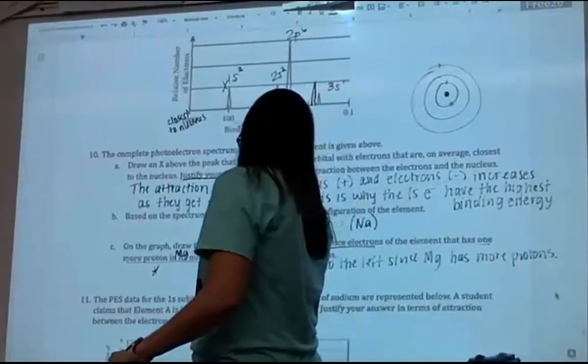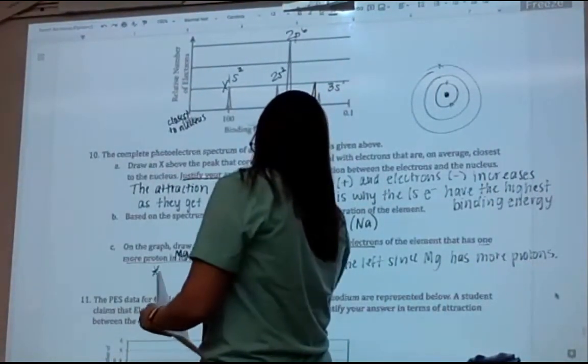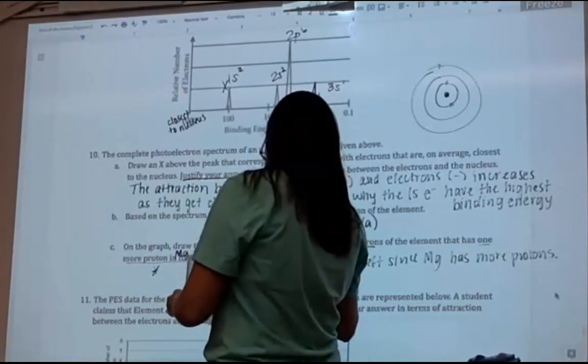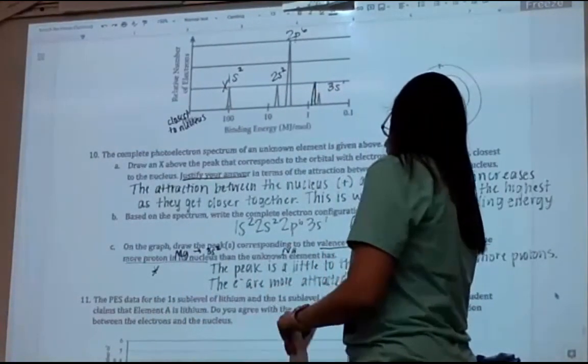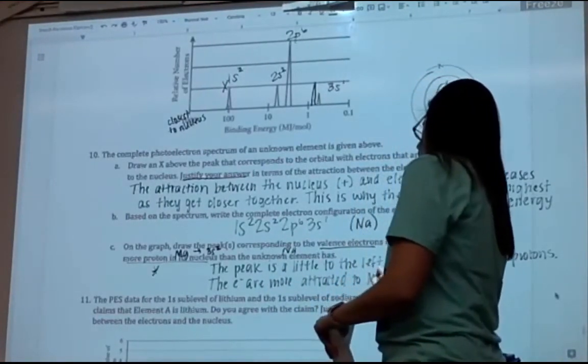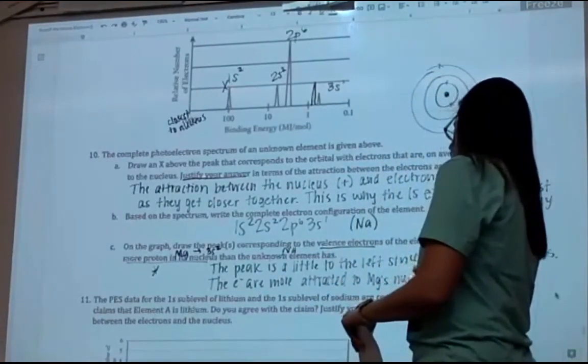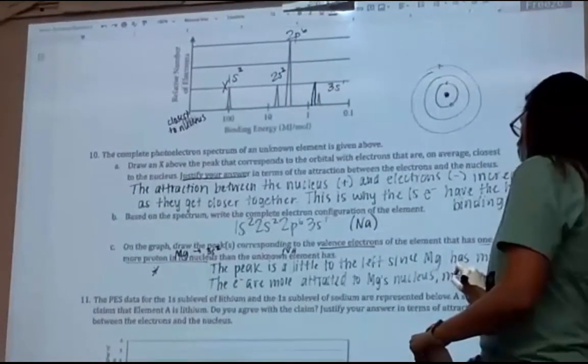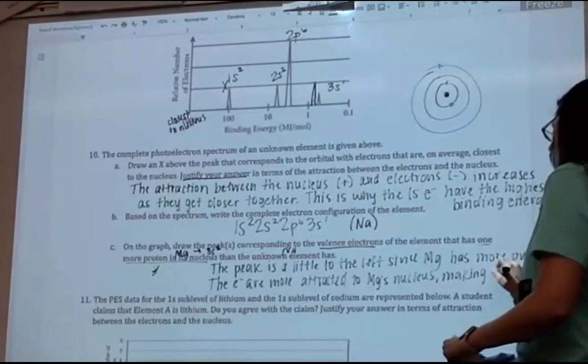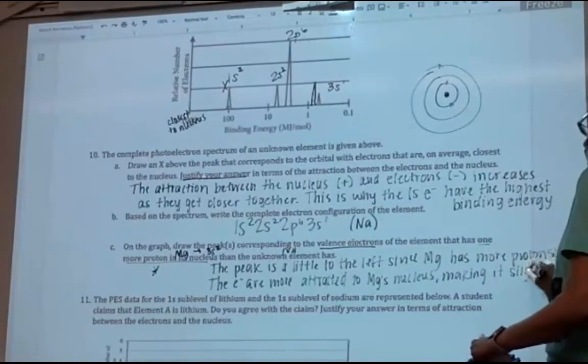So one more proton means the electrons are more attracted to Mg's nucleus, again because it has one more proton, making it slightly more difficult to remove.